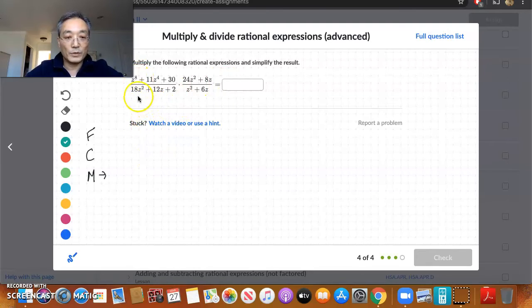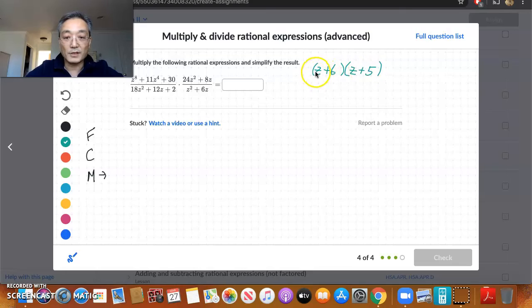Now again, we draw the parallel. If that was z squared and that was z, then of course this thing would have factored into z times z, and here the 30, well that's 6 and 5, so it would have been plus 6 and plus 5, right?